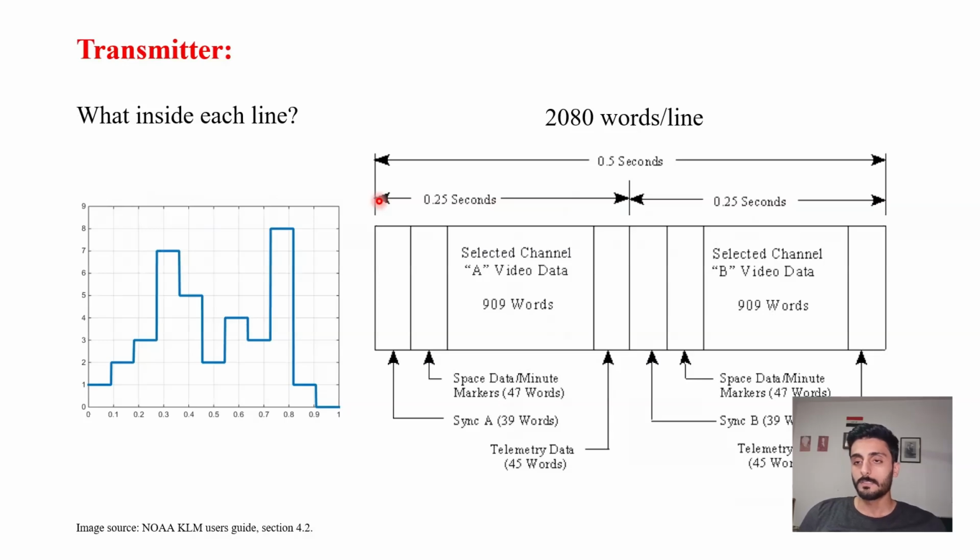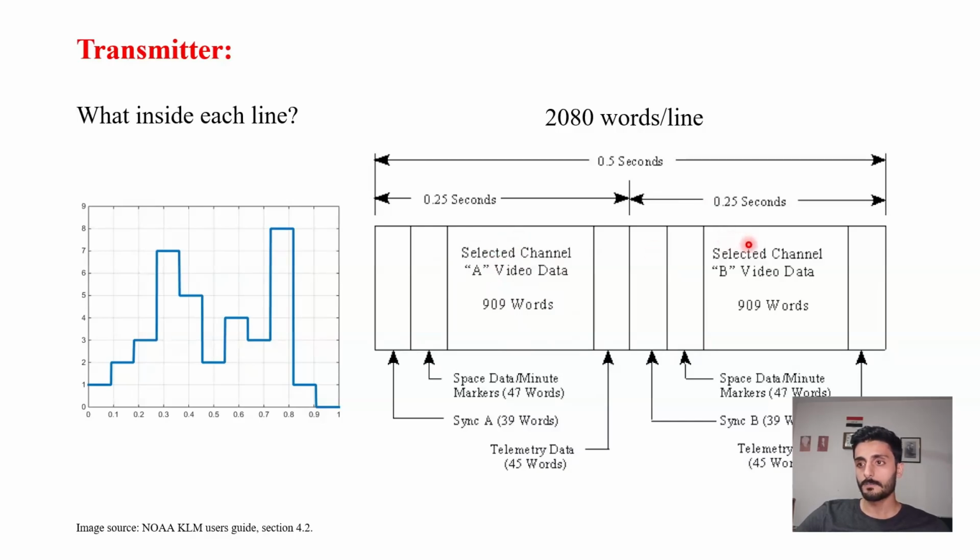So let's see how each line is further divided. Each line, as we said before, has a sync signal: sync A and sync B, for channel A and for channel B. We have some spacing signal so that we can know where each frame starts and ends. And the pixels are called words, or data. Each word is the information about a pixel in the image.